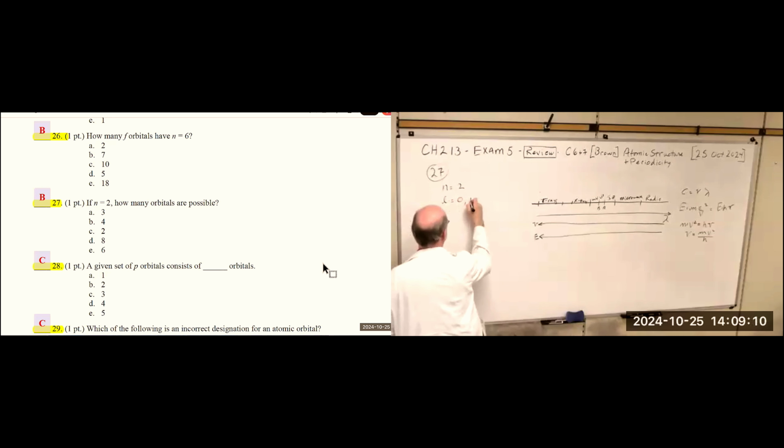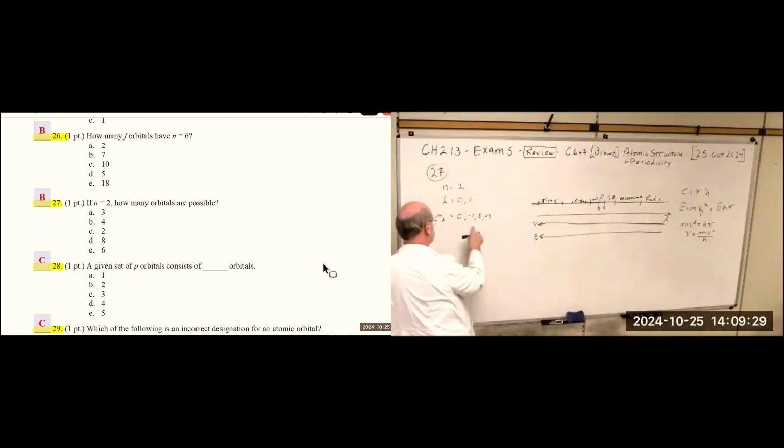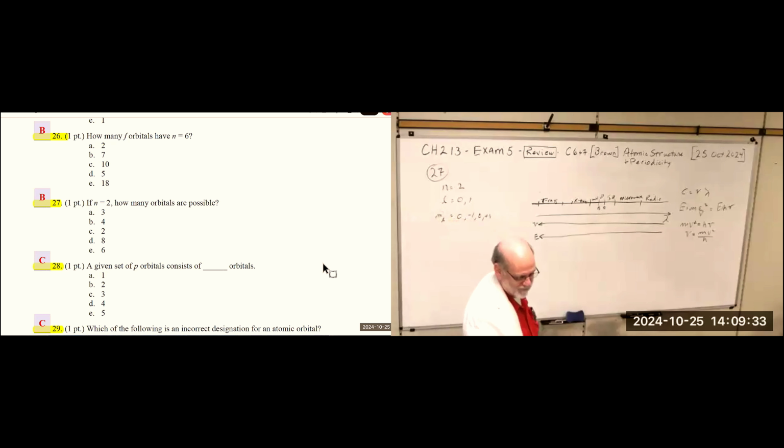All right, so this is 0 and 1. m sub L equals just 0 for this one, and -1, 0, +1 for this one: 1, 2, 3, 4. Right. 4 orbitals are possible under n equals 2. Okay.